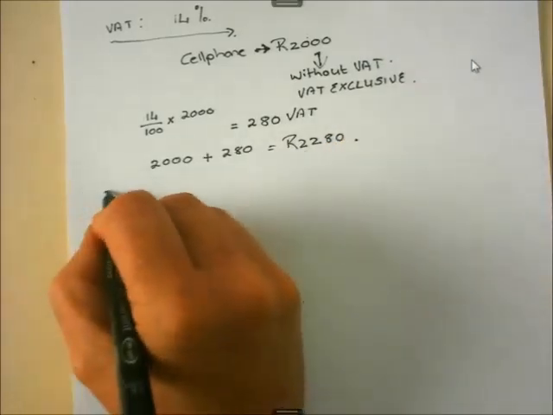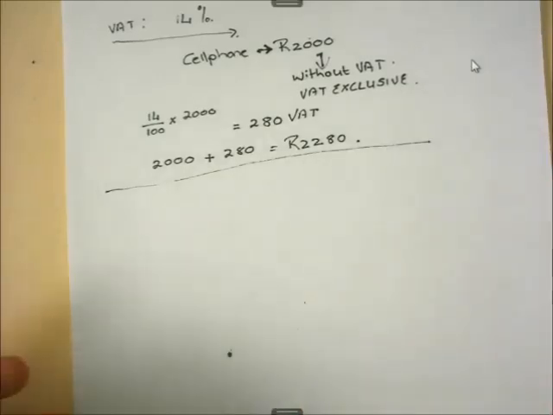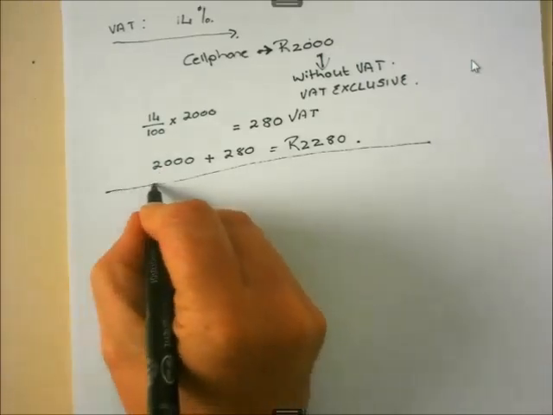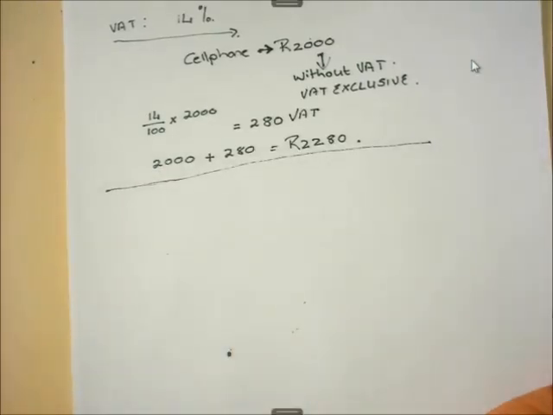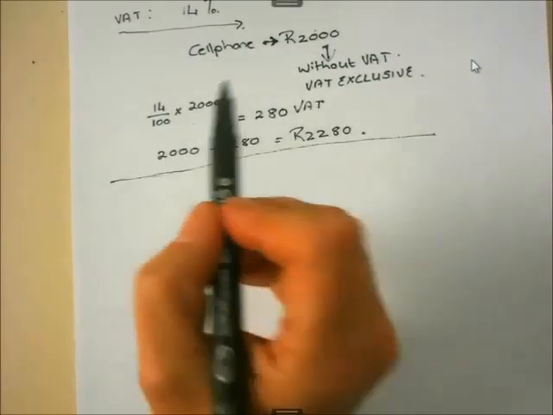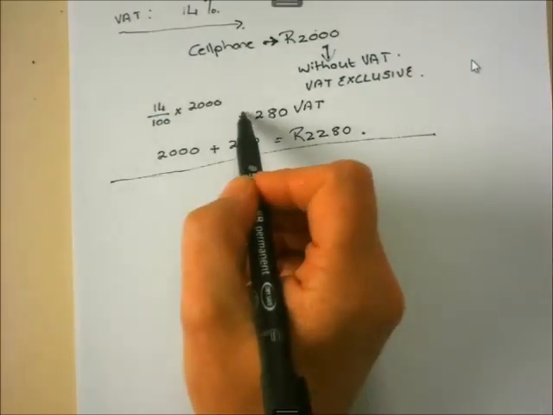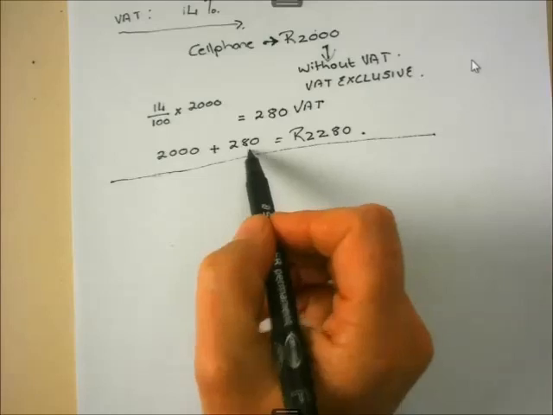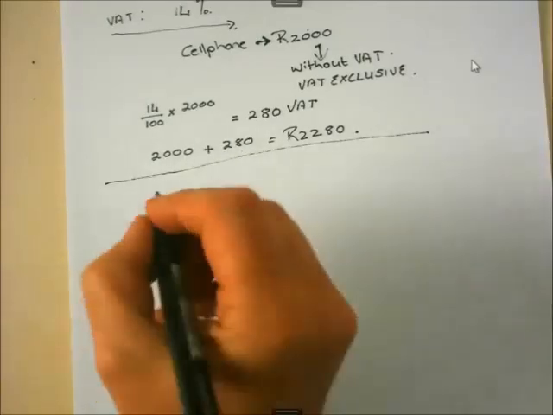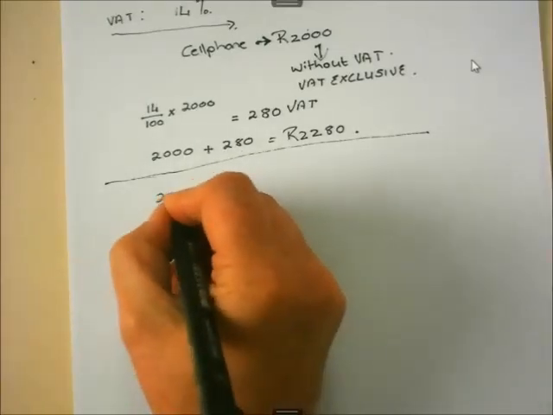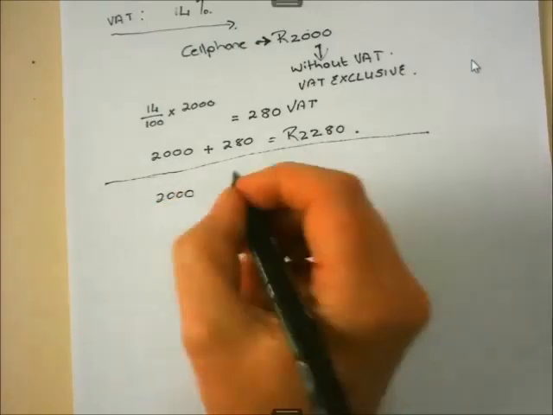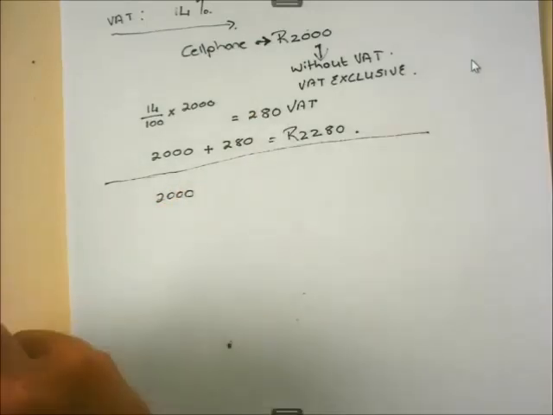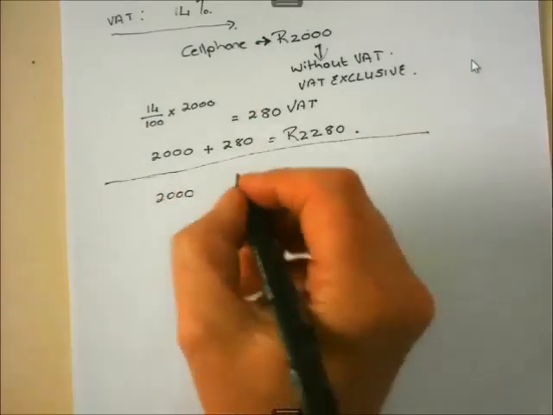Say for instance, you don't do it like this. There's a different method in which you do it. Okay? I'm going to explain for you this different method as well. Instead of saying 14% of 2,000 and then adding the VAT to 2,000, you can go and say 2,000 and you add the 14 to 100%. 114 will be the answer.